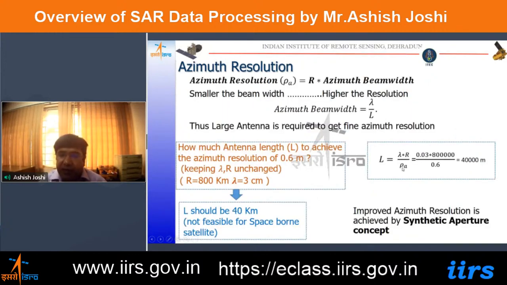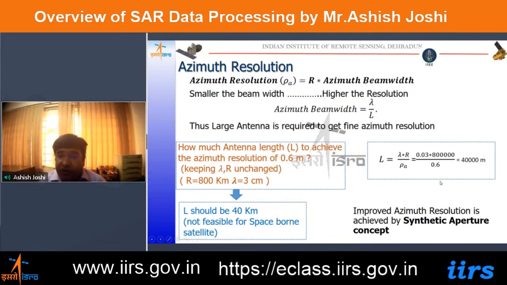So we can calculate the length of the antenna needed to get an azimuth resolution of 0.6 meter. If we want an azimuth resolution of 0.6 meter at a height of 800 kilometer with 3 centimeter wavelength, then the length is equal to 40,000 meter, which means 40 kilometer.